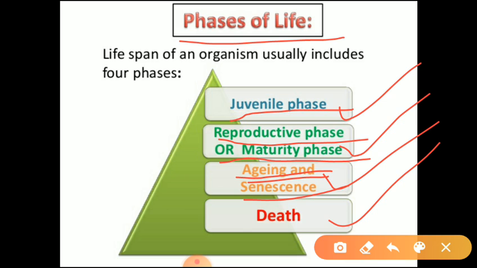And the final phase of the life cycle is the death phase. In the death phase, what will happen? It is the end of life of an organism. Finally, that organism will die during this phase. So these are the 4 phases of life which we can see in living organisms.